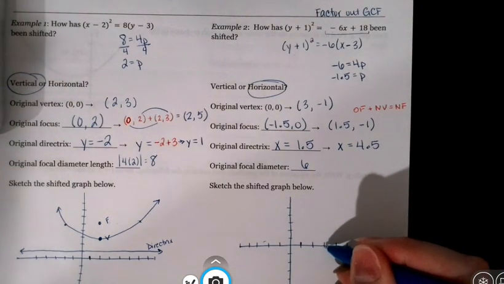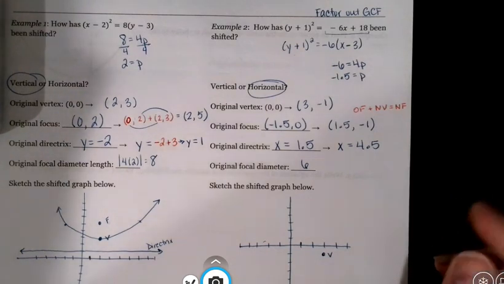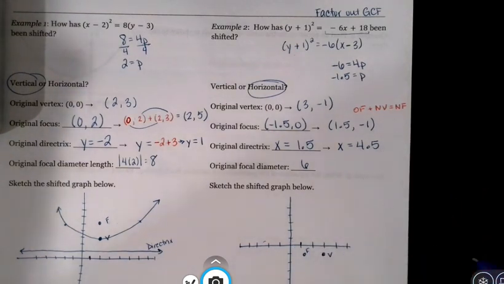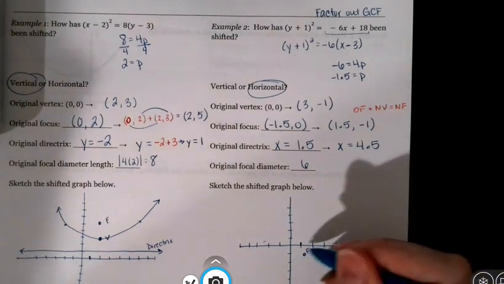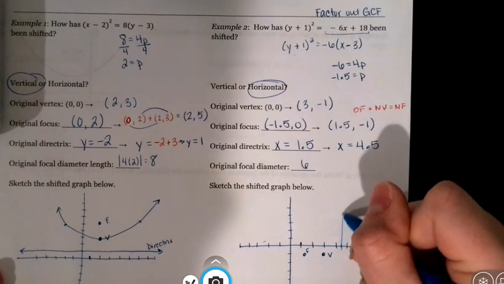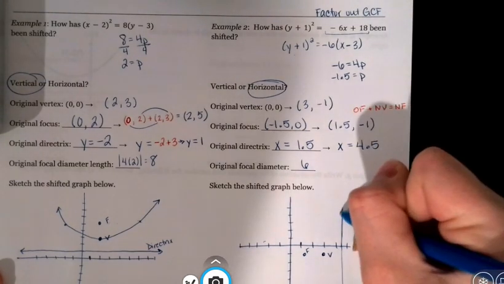So we have our new vertex, our new focus. 4.5 is like here, so this is our new directrix.